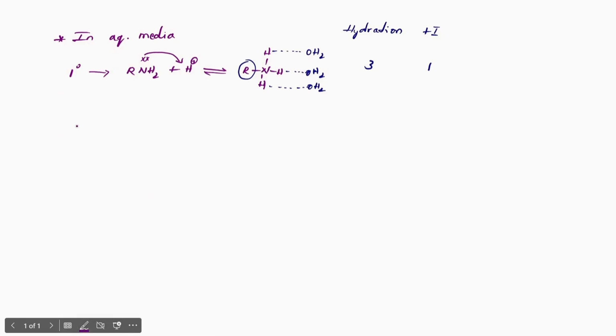Coming to secondary amines, that is R2NH, in the presence of H plus, lone pairs are being donated. Therefore, it becomes R2NH2+.